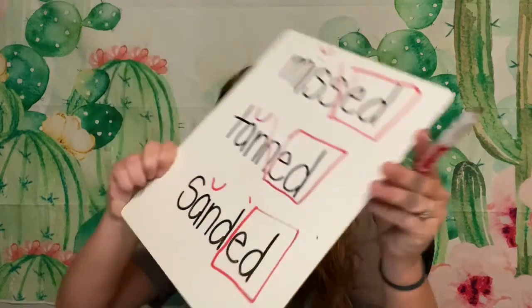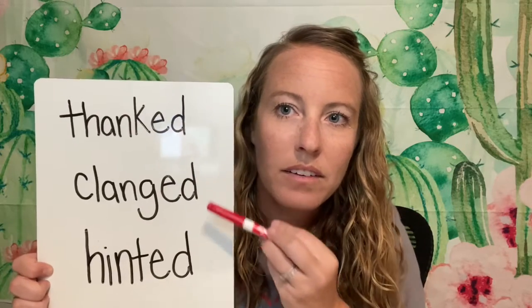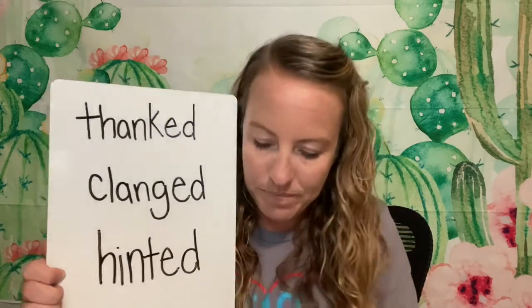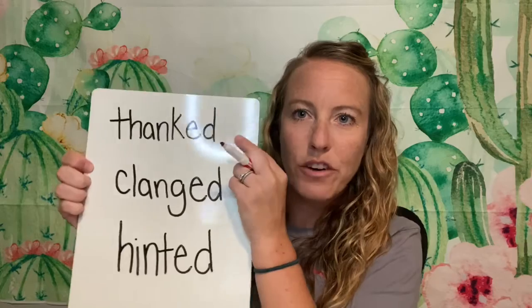Okay. Now, let's move on. We're going to practice coding words like those that will be on today's worksheet. So we have the words thanked, clanged, hinted. How do we code these words? Well, let's take a look. What do you see first on this?